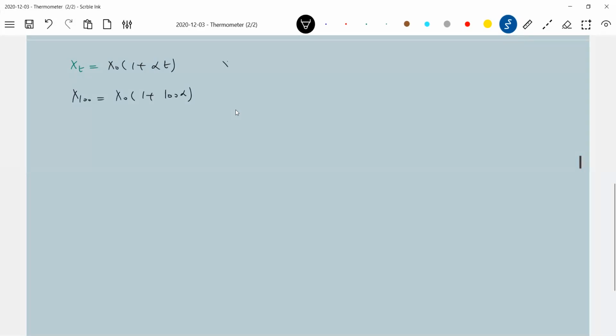Okay, this can be further written as xt minus x naught equal to x naught alpha t. This will be x100 minus x naught equal to x naught 100 alpha. Let me divide these two. X naught gets cancelled, alpha gets cancelled, t by 100. So therefore this t is what now?